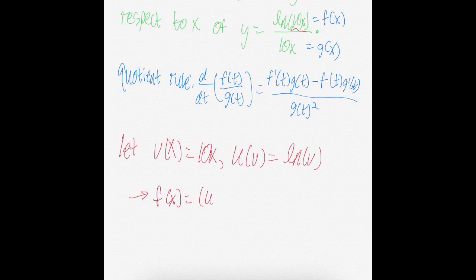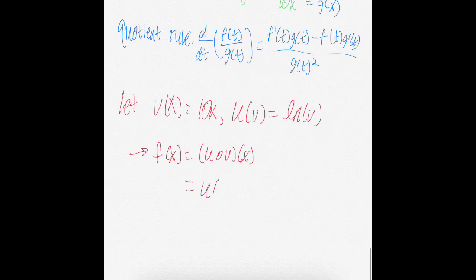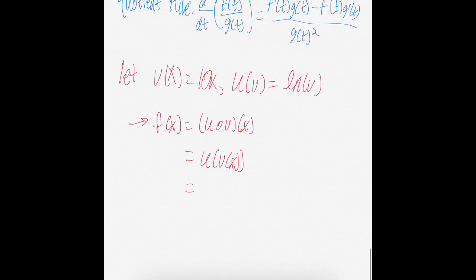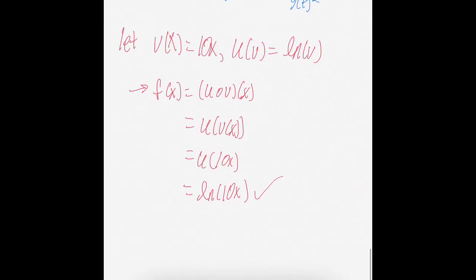So yeah, what I'm trying to say is that f of x is just, I do v first, so u composed with v of x. And to confirm that, well, let's see, u of v of x. Okay, if I plug in, v of x is 10x, and u says take whatever's on the inside and natural log that baby.